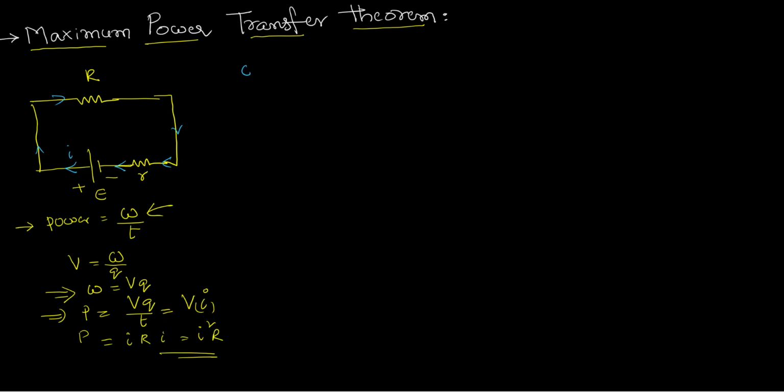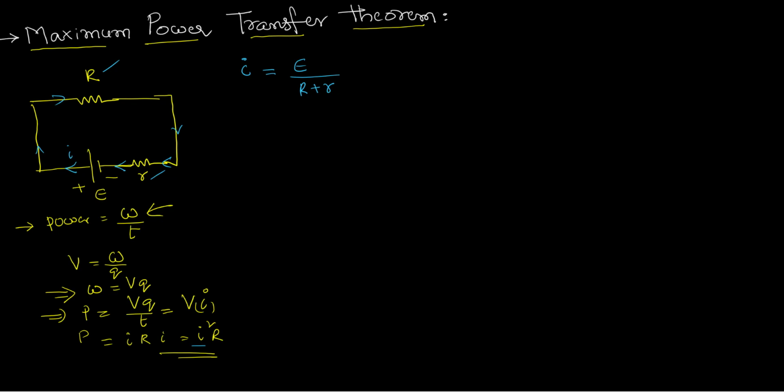As per Ohm's law, current is equal to total voltage, that's the total EMF supplied, by total resistance of the circuit. This external resistance and this internal resistance are in series. When the resistors are in series, total resistance is nothing but capital R plus small r.